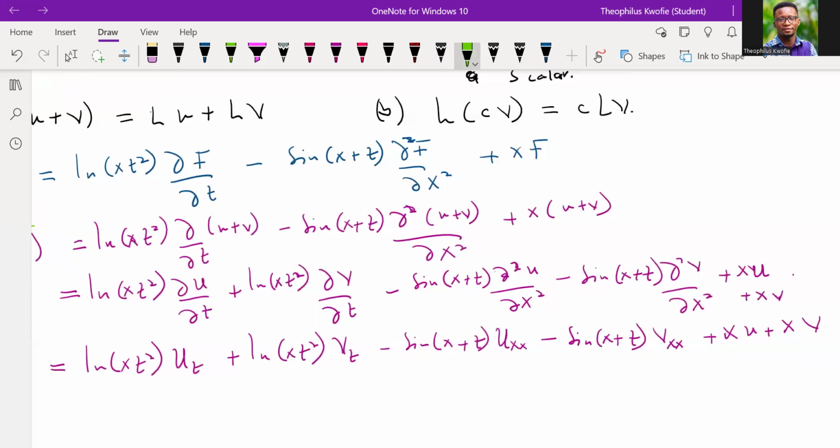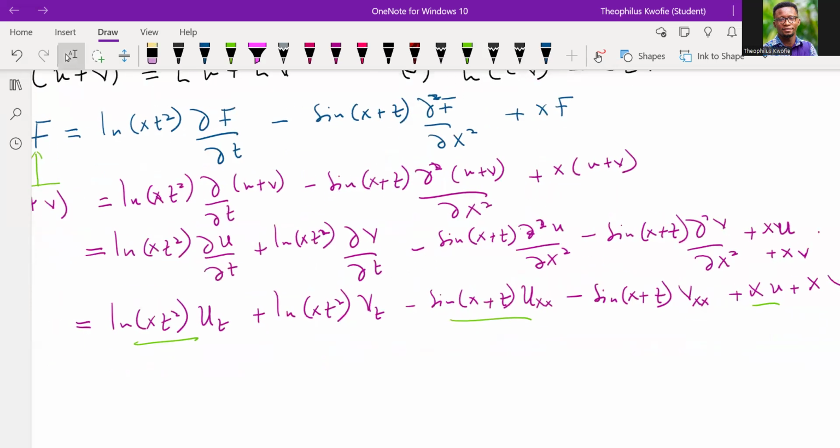Let's try to separate the u's from the v's. So we have one u here, another u here, and then another u here. Let's put them together.